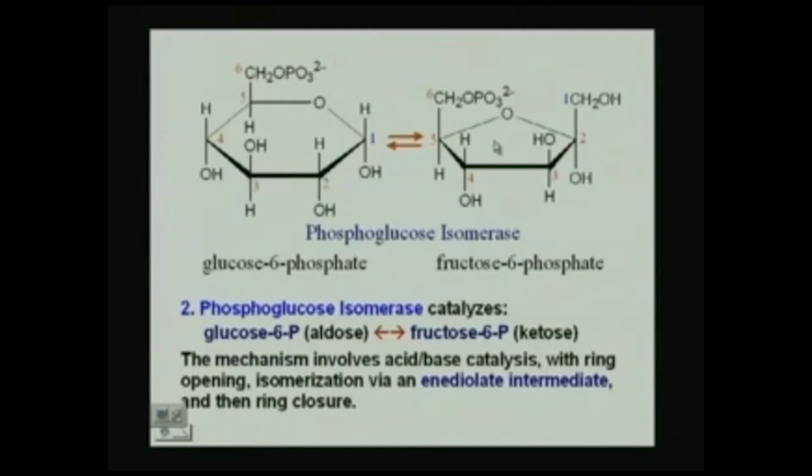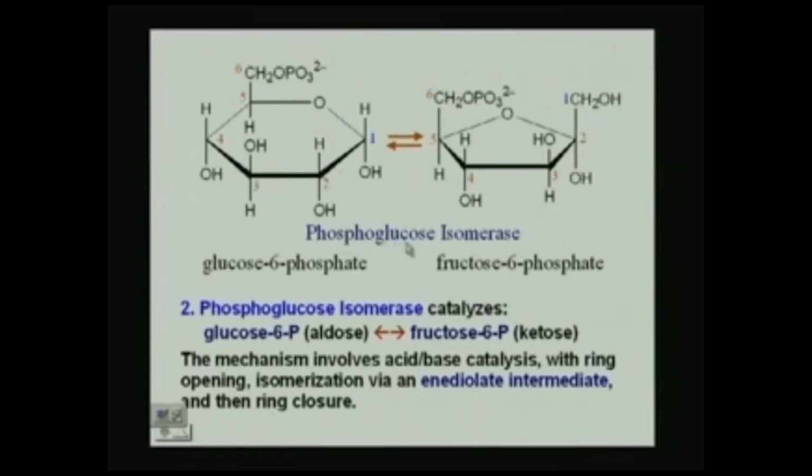This is step number 2. In step number 2, you have glucose 6-phosphate go to fructose 6-phosphate. So what happens is, you have the formation of an isomer. So the enzyme involved is an isomerase. Okay, what is this isomerase?